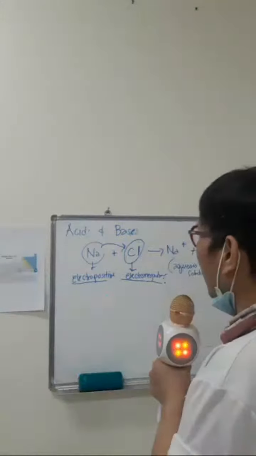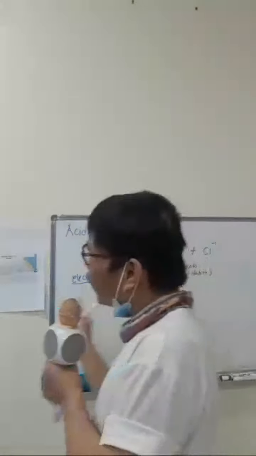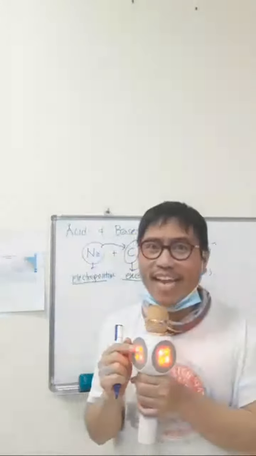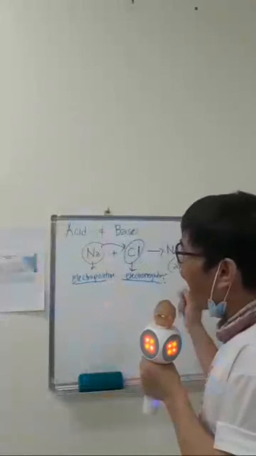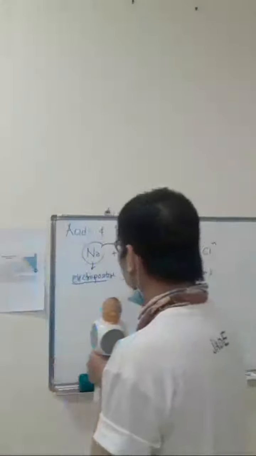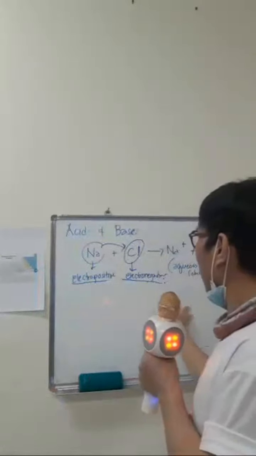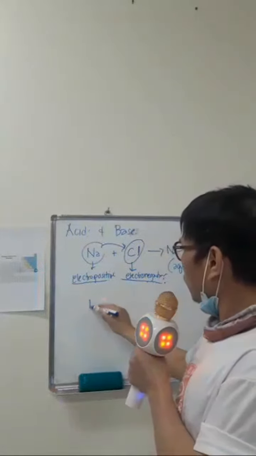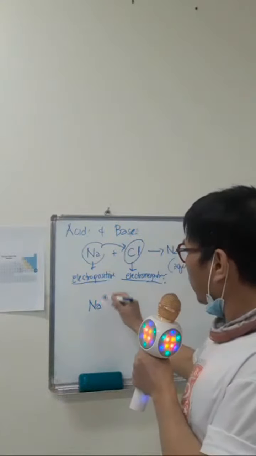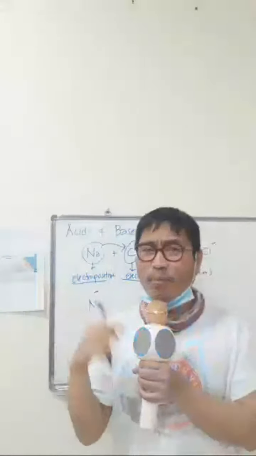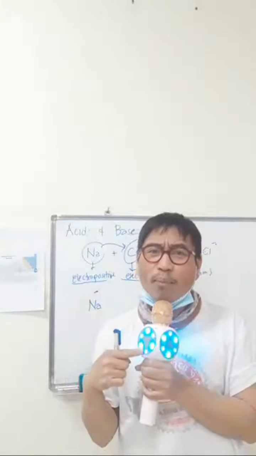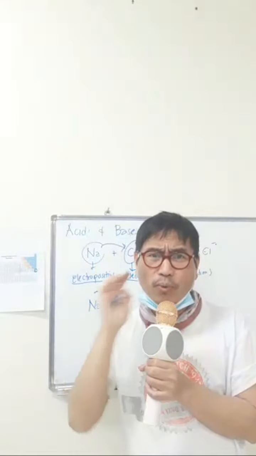So now, if you try to insert the topic of Lewis dot structures, then we will base it on the outermost shell electrons of chlorine here. Sodium has one dot. One dot represents one electron of sodium.